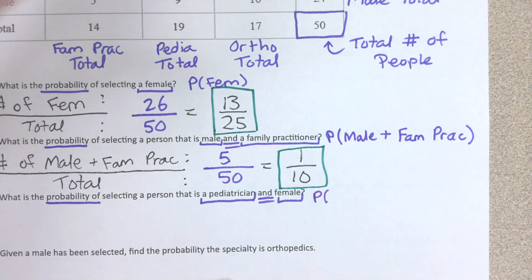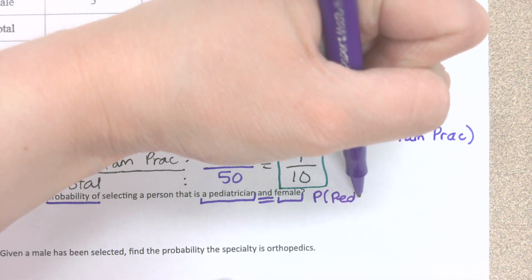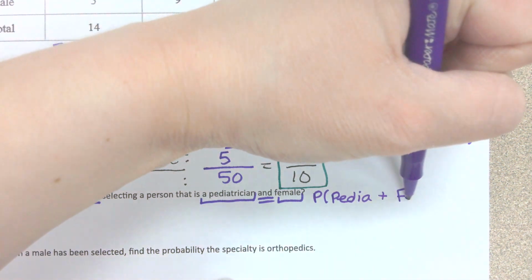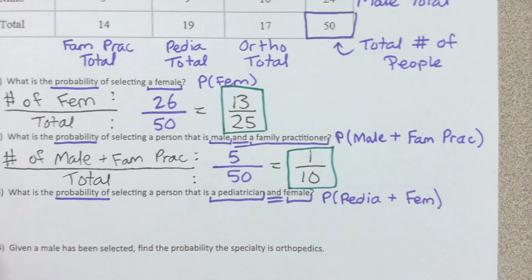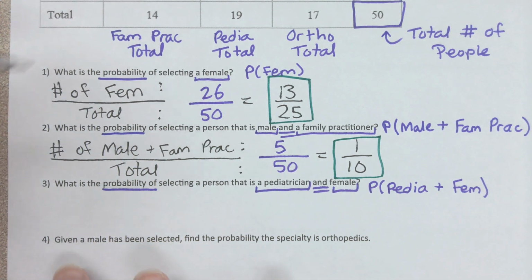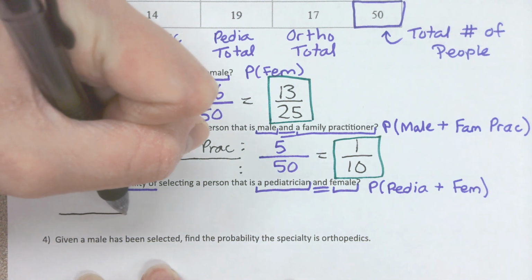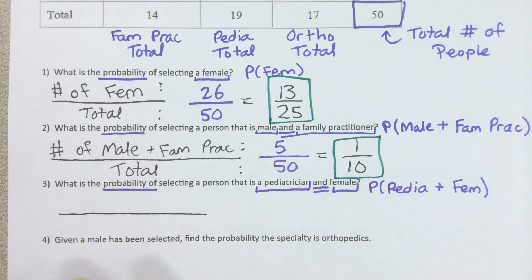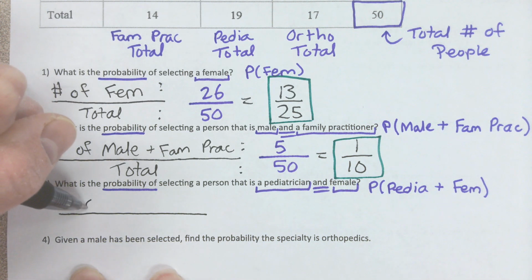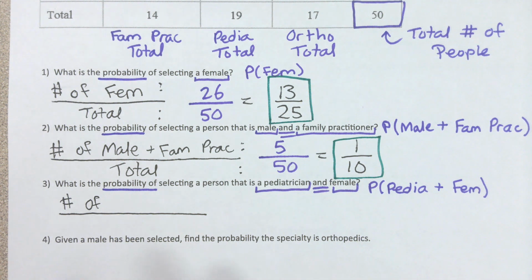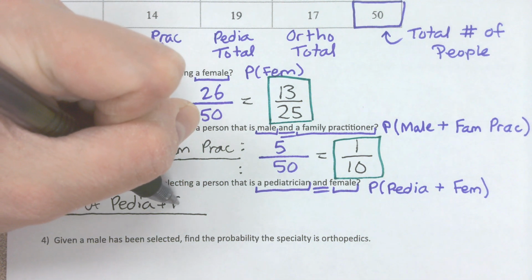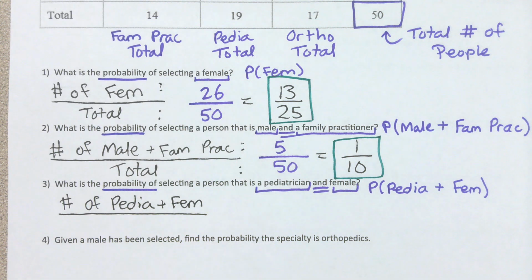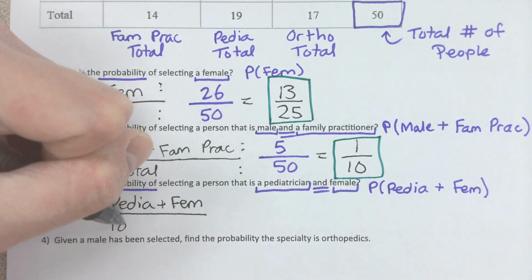So P, probability of pedia plus fem for female. So on top, number of what we want, which is the pediatricians, plus female. Still over the total.